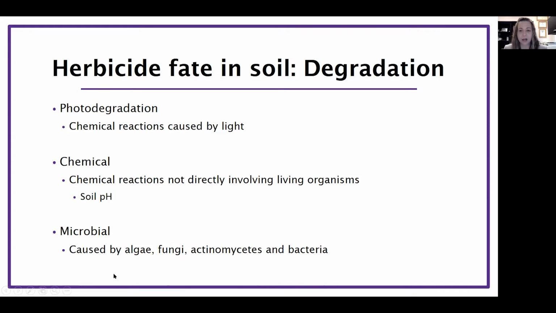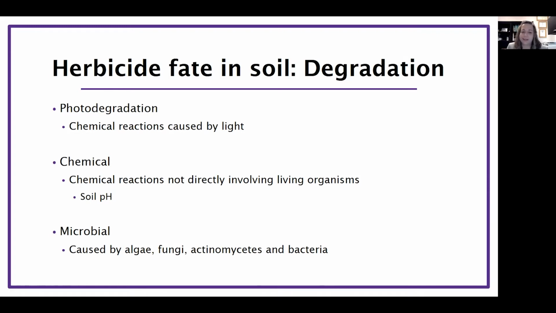The third and most common cause of pesticide degradation is microbial degradation. This is a process where the organisms that live in the soil, our bacteria and our fungi, all of the things we're talking about when we talk about increasing soil health, those microorganisms use the herbicides either as a primary source of energy, just like we go to the salad bar, they're eating, or they're creating enzymes that just happen to be able to break down these herbicides.